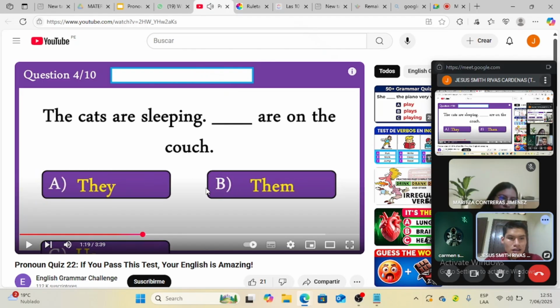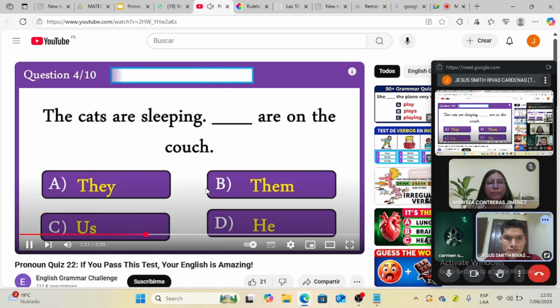So, Maritza, could you please select the right answer in this question? The cats are sleeping. They are on the couch. Perfect. Just a little mistake in the pronunciation.